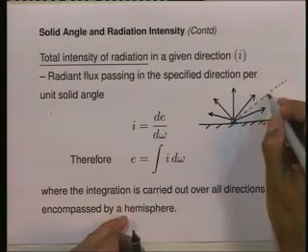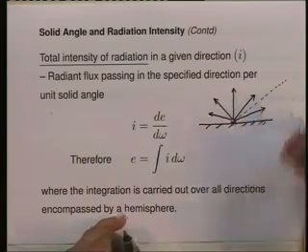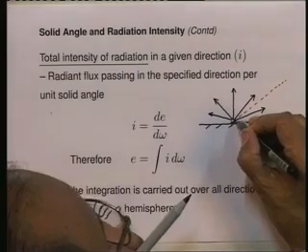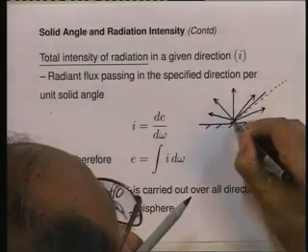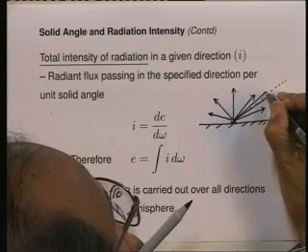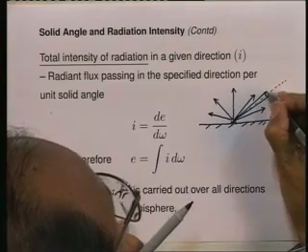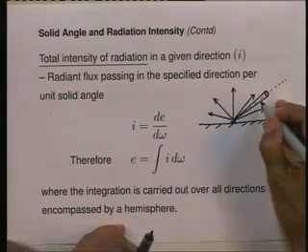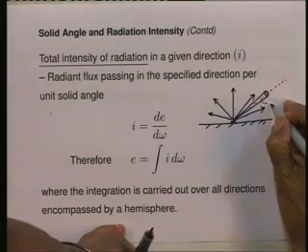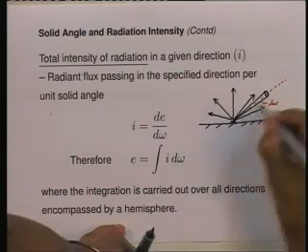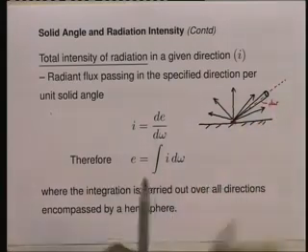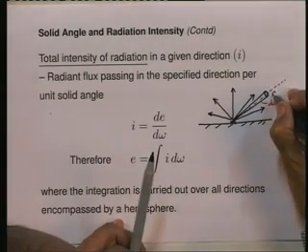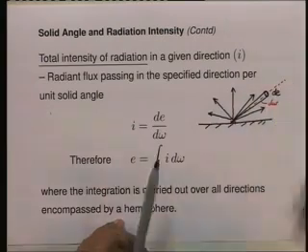So, about this direction in which I am interested, let us draw a small elementary solid angle d omega like this. Let us say that through this elementary solid angle d omega, the radiation which is being emitted from this surface is dE.